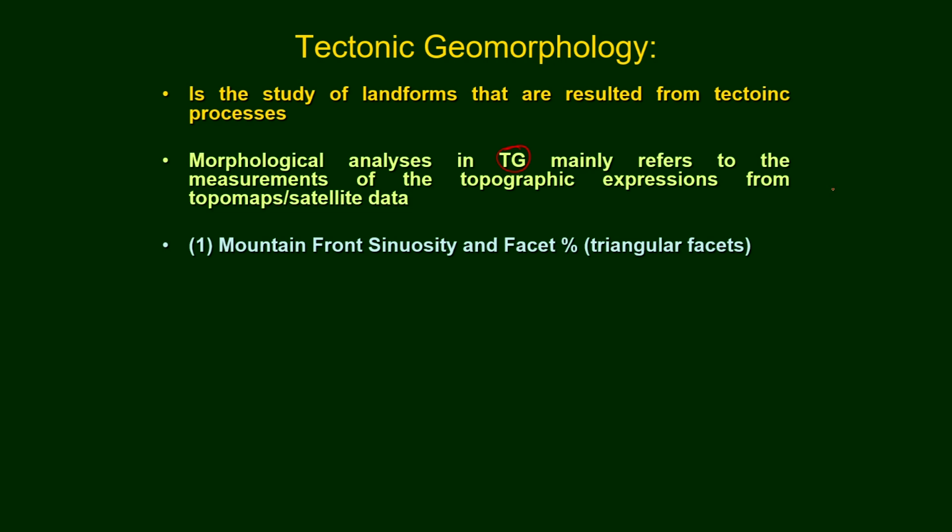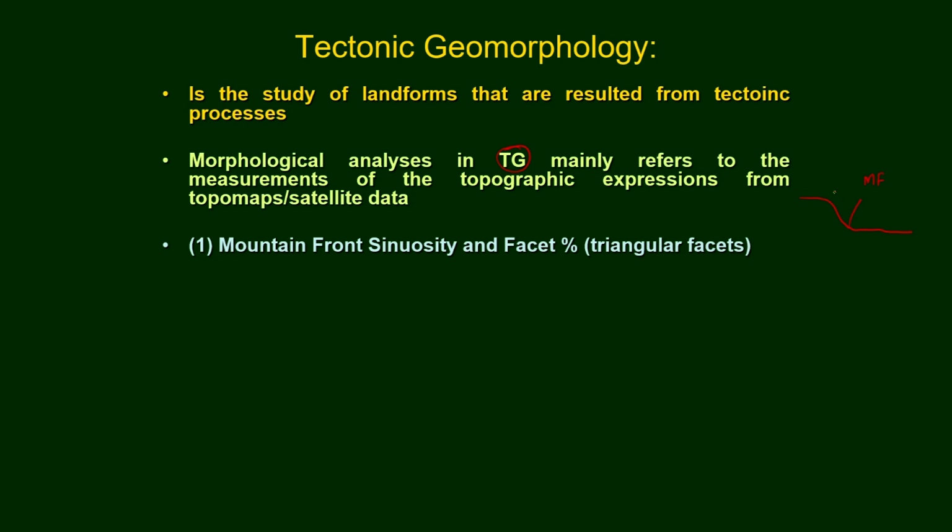Sinuosity basically comes from river sinuosity also. It is how it has been meandering or curved, in a sense. Usually we understand that if you have, for example, this mountain, and then you have this, this will be your mountain front.